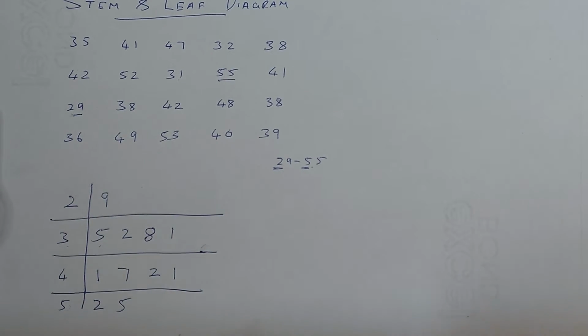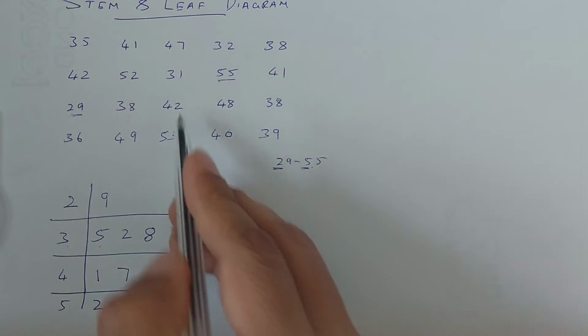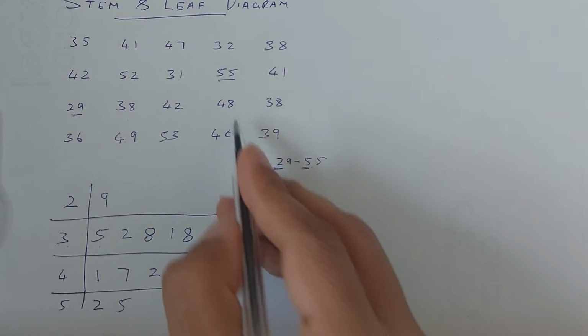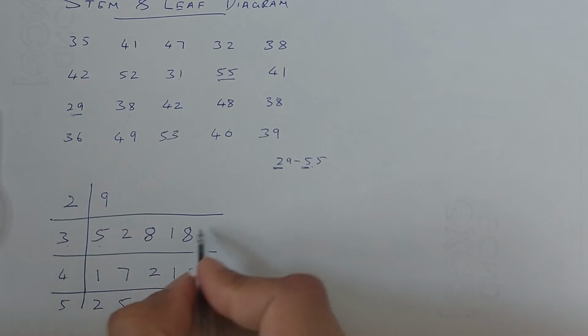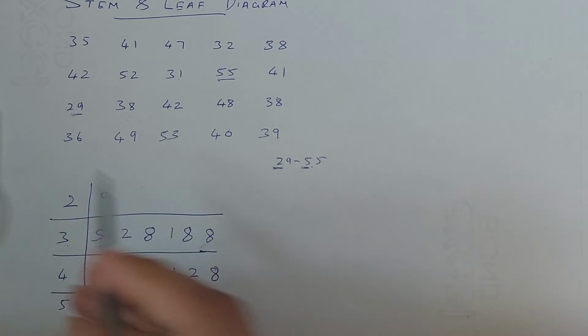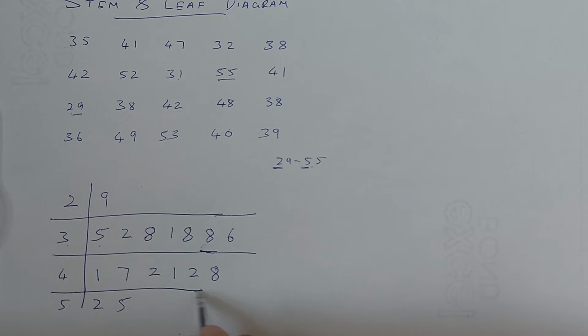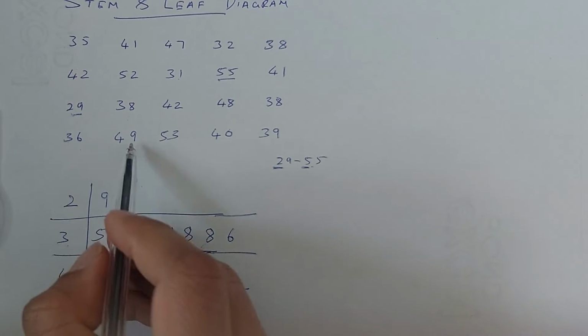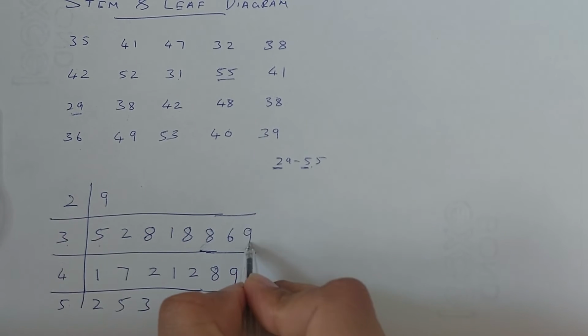I'm sure you guys are getting it. 38 is 3 and a 8, 42 is 4 and a 2, 48 is 4 and a 8, 38 is 3 and a 8, 36 is 3 and a 6. Let's expand a little bit. 3 and a 6, 49 is 4 and a 9, 53, 40 and 39, which is here.